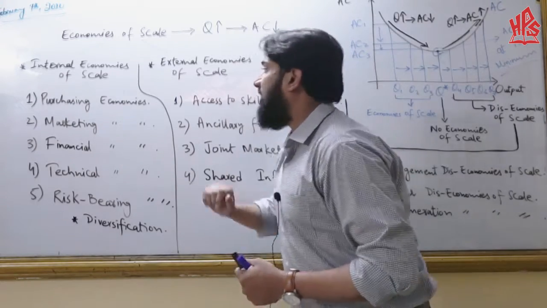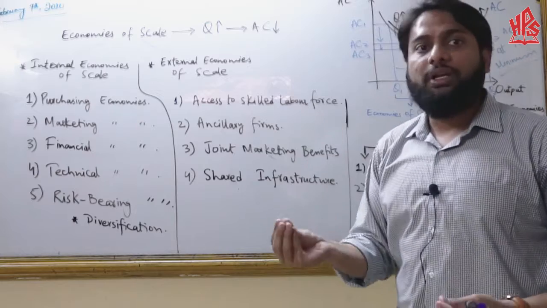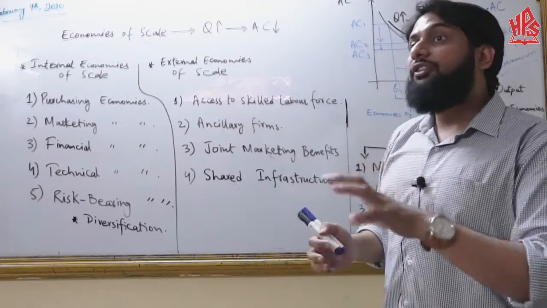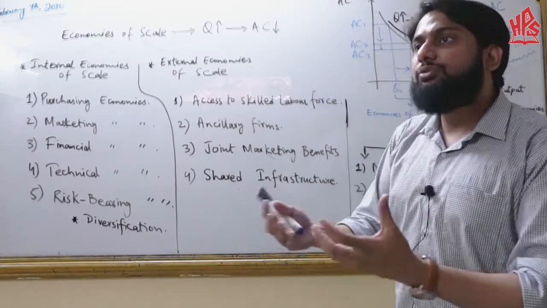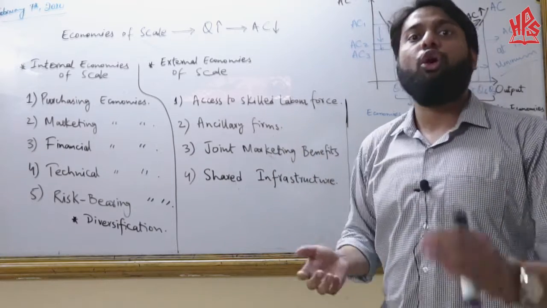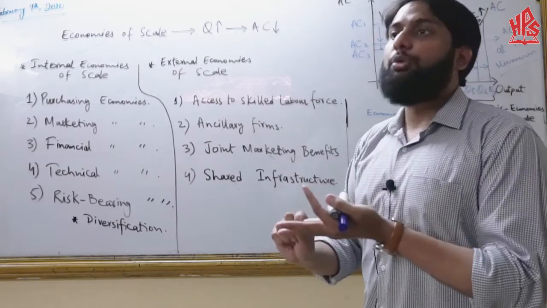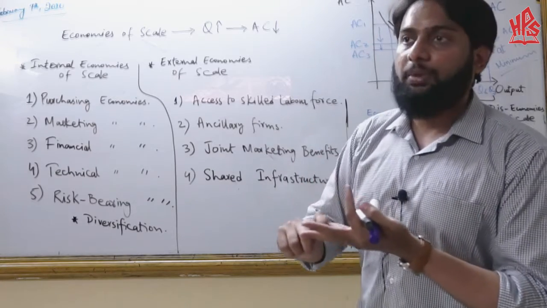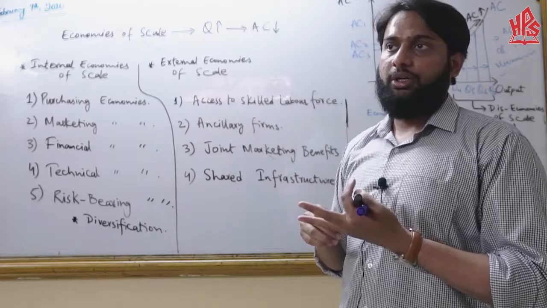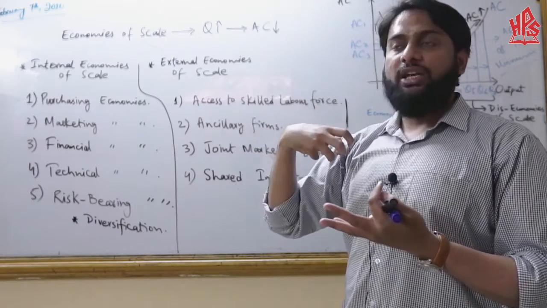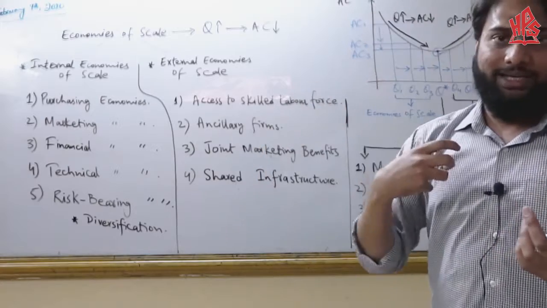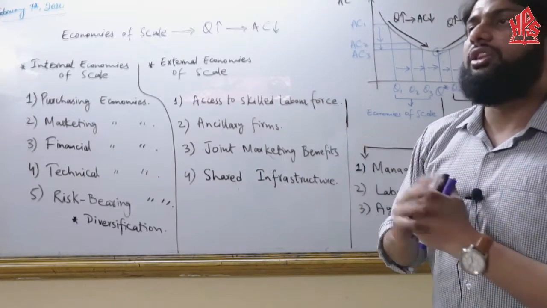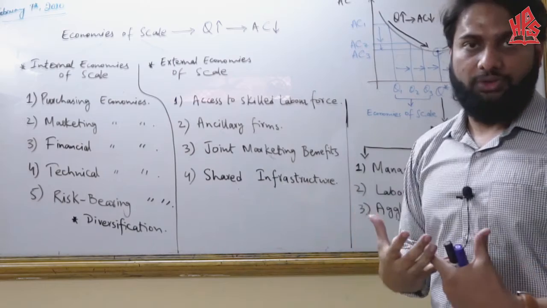Financial economies of scale. If we are able to gain financial capital, meaning investment, at a very low cost, although we know that the cost of finance or capital is somehow the interest rate. If we borrow finance from the bank, it will charge interest to us.